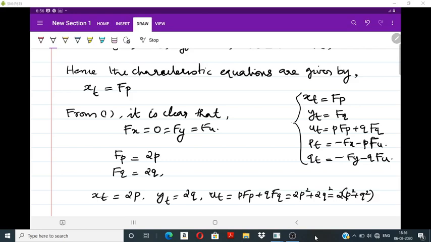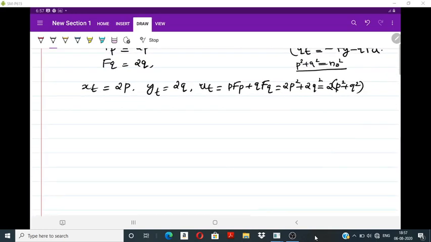Now what is p square plus q square? From the equation of f, we have p square plus q square is equal to n naught square. So this is equal to 2 into n naught square.